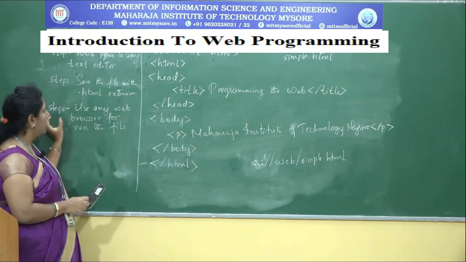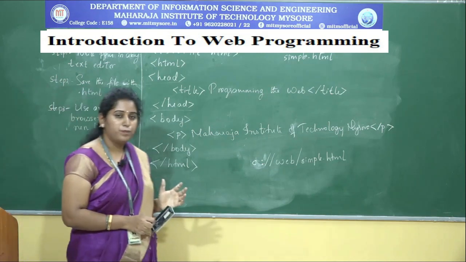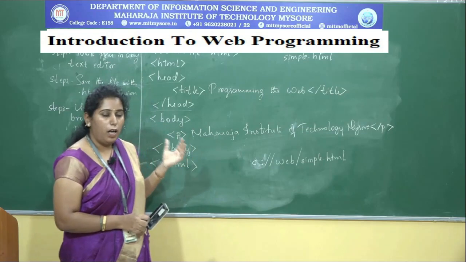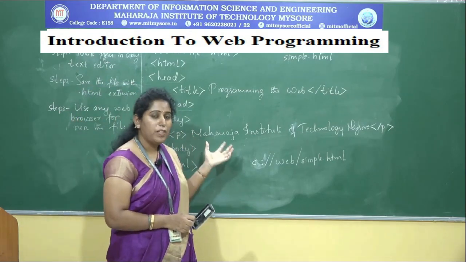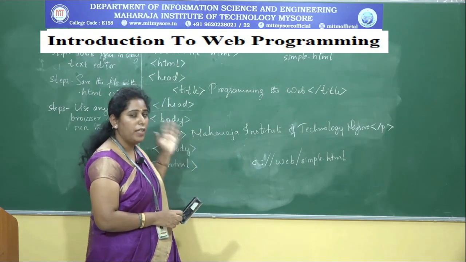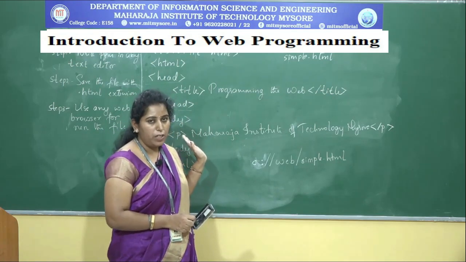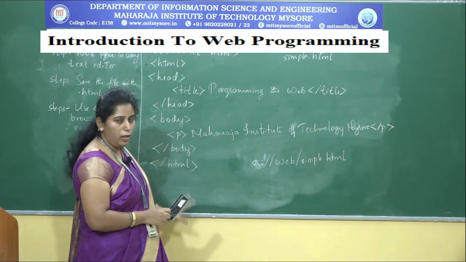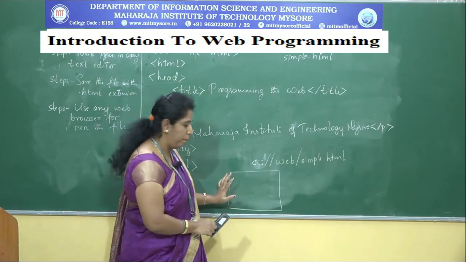Step 3 is to use any web browser for running the file. How it works is, where you have saved the file, you can double click on it, and automatically it will be opened using a web browser. Finally, you will get an output message. The output message will be displayed on the web page.